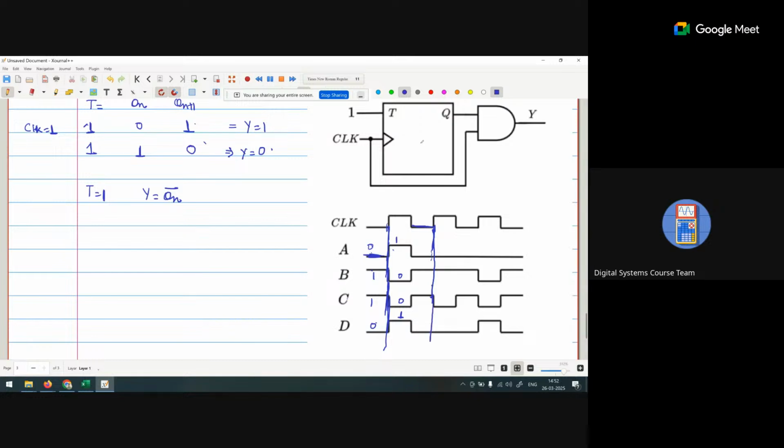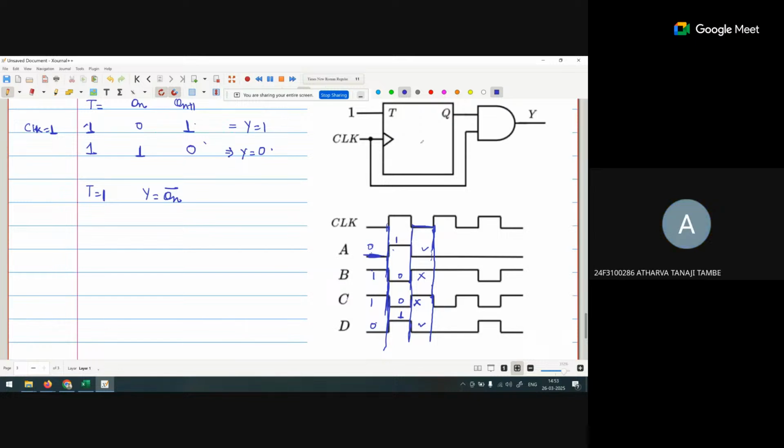So in between these two, we are getting a 0. So D option and A option are possible. B will not be possible, C will not be possible. Okay, any doubt?